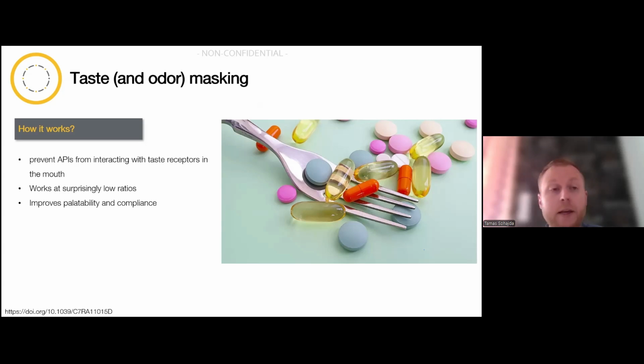With the taste masking, usually you can also achieve the taste masking if the cyclodextrin is in the minority, so sub-equimolar, which would mean that there are free active ingredients and the foul tasting ingredients, but still the taste can be masked. But in any case, taste masking is there and it happens.